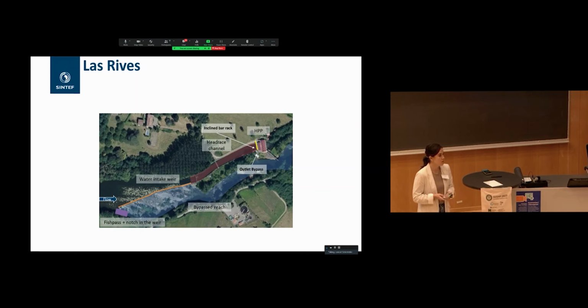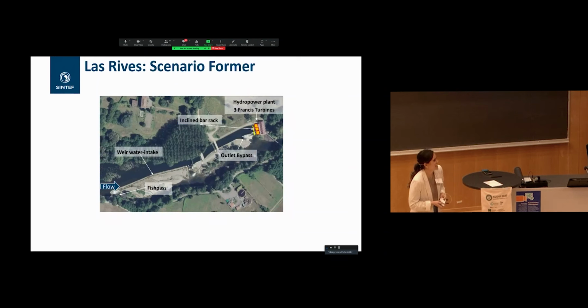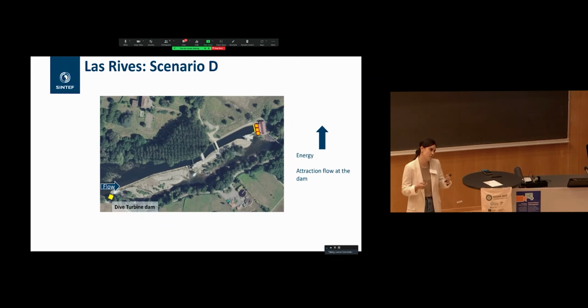In this case, we had the challenge of improving upstream and downstream migration for European salmon. The idea was to try to avoid fish entering the turbines and also to help fish find the safe way upstream. There was a set of different scenarios defined that include the former setup, and another scenario that has these dive turbines, as you see there.